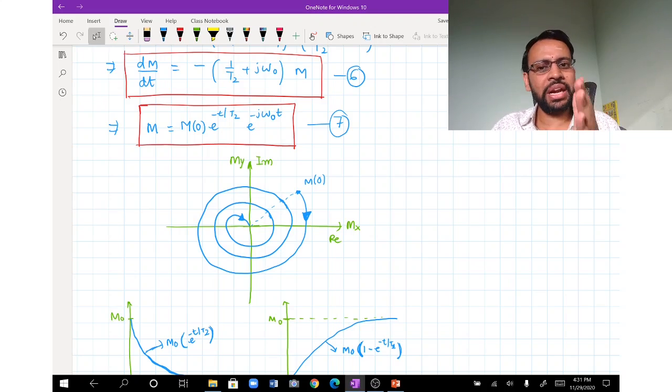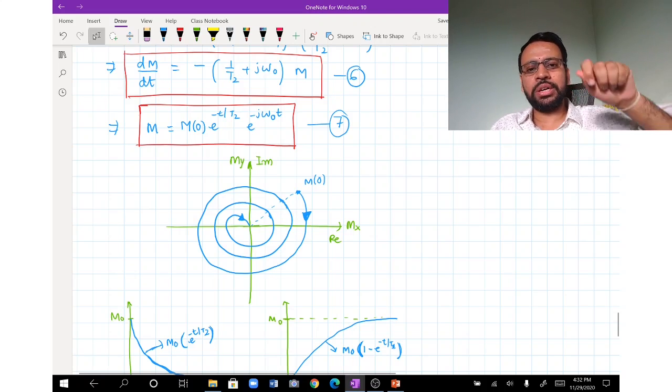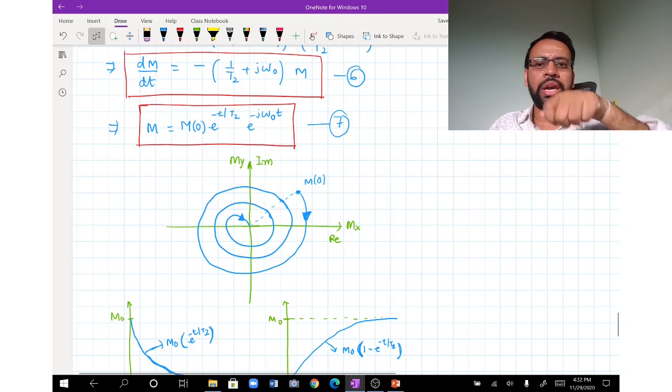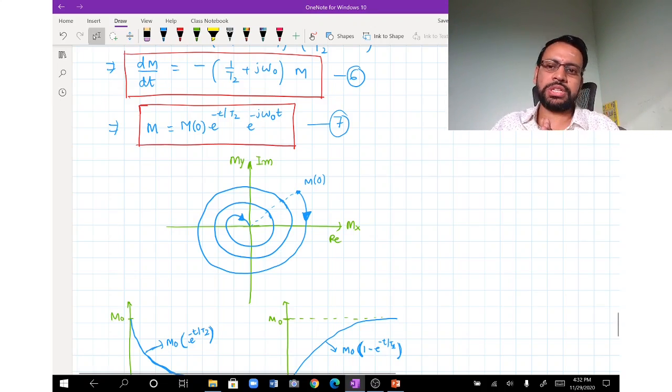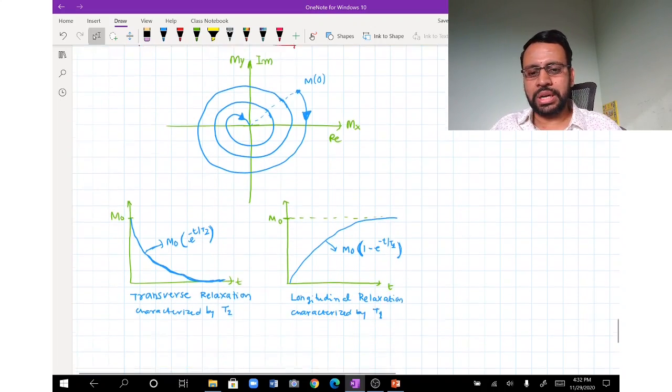We have discussed it there in great detail. So that's going to be M of 0 into e power minus t by T2, which is bringing down its magnitude, and the omega naught t term is making it rotate with omega naught radians per second. So this is your expression for M of xy, right?